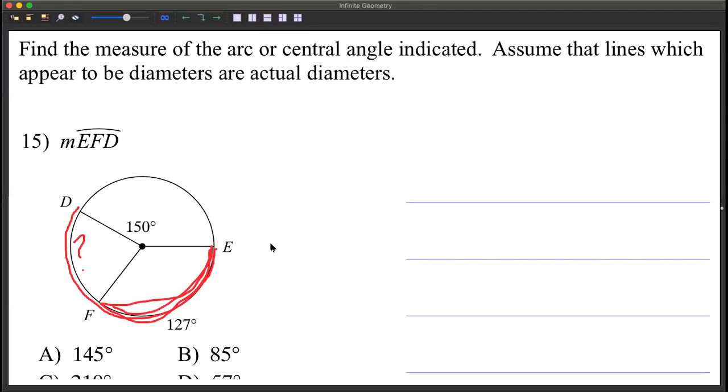Because remember, if this is 150, that means this is 150. So I have everything in the circle except that one little missing piece. So I can do 360 minus 150 minus 127, and that'll give me this missing piece right here. Does that make sense? And then you could just add the two together.